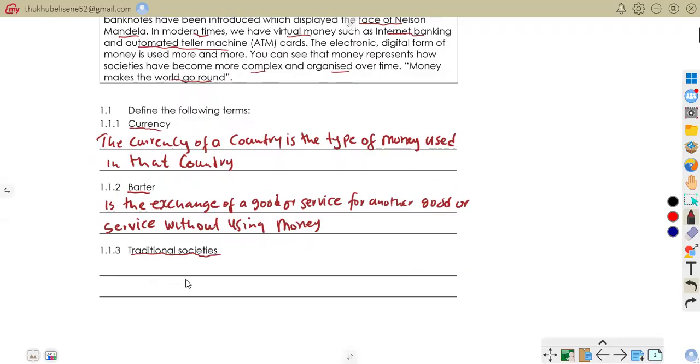Traditional societies used basic methods to hunt and harvest and were self-sufficient.